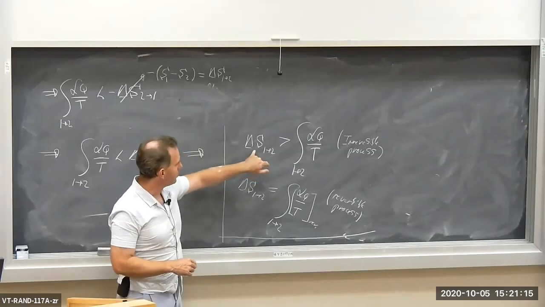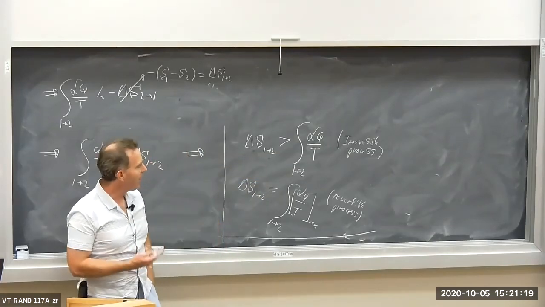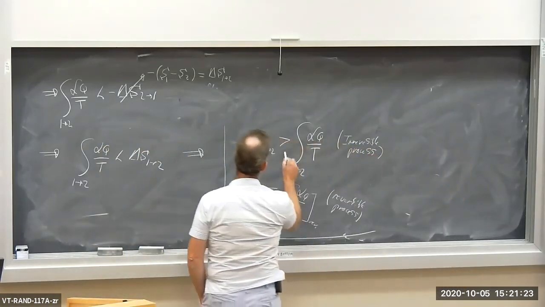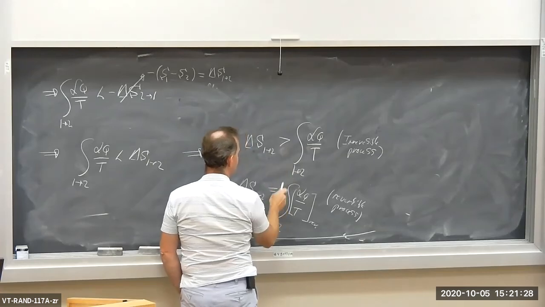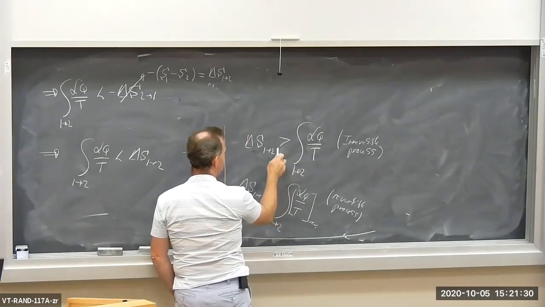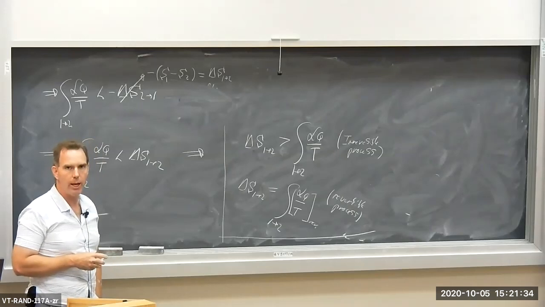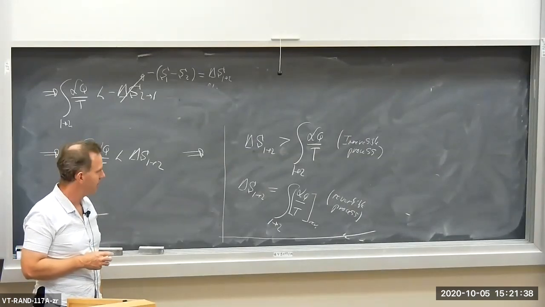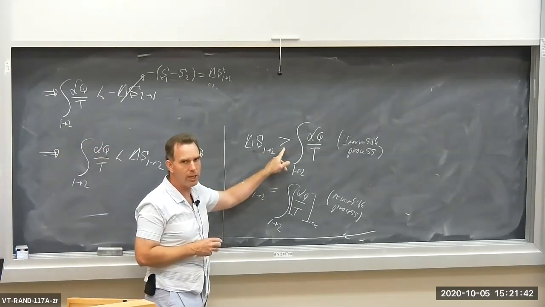Basically, it says delta S from 1 to 2 is either equal to or greater than this integral, depending on the process, and that's shown by the equality and the inequality. I've gotten rid of the inequality by swallowing it up into a brand new term called S gen. We don't want to work with inequalities.